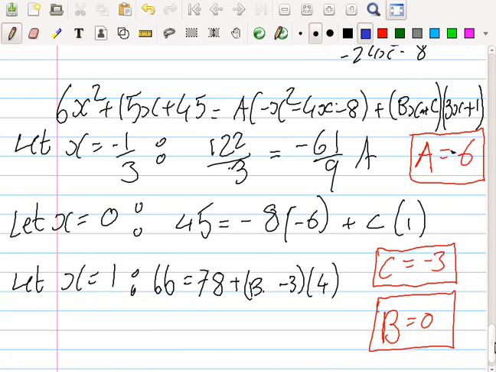In J, it's the same as I, except the b is not 0. So no difference.